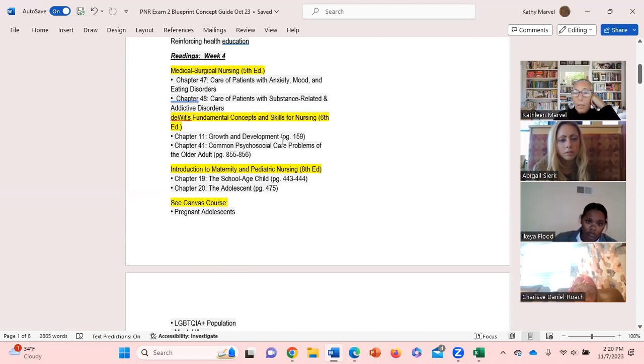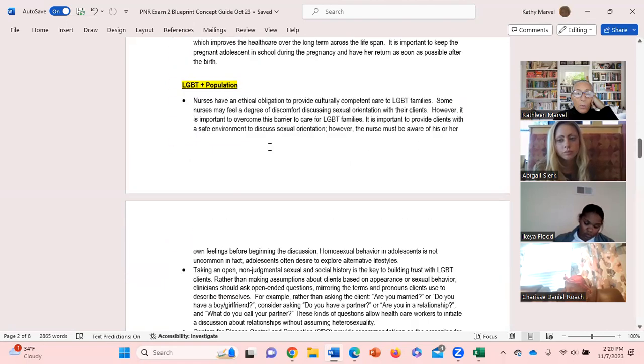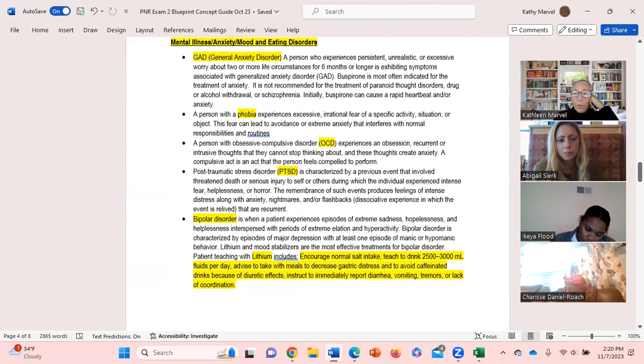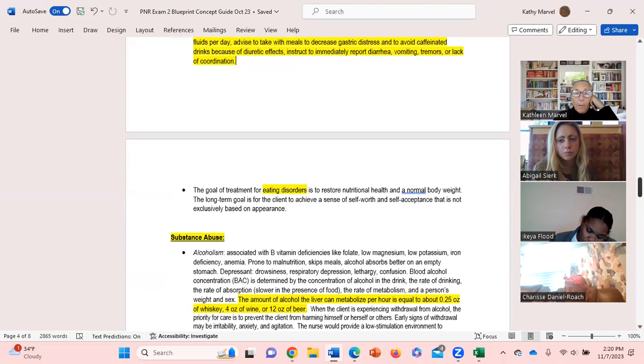Please review that eating disorder section. You have to be able to identify a scenario in which it's not so much a mental illness, but more of an eating disorder.